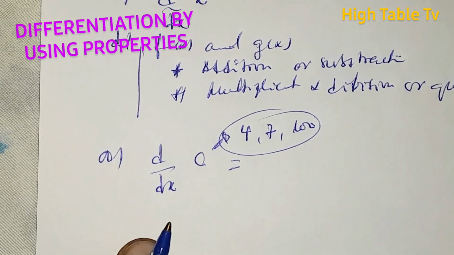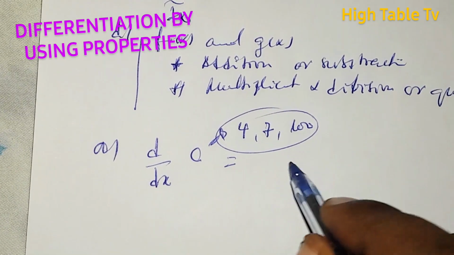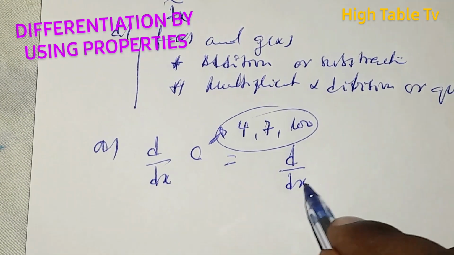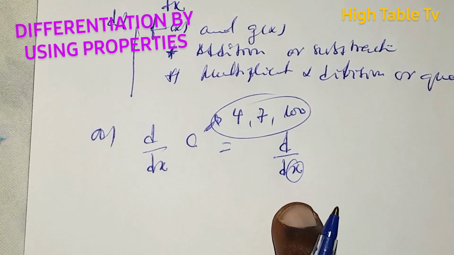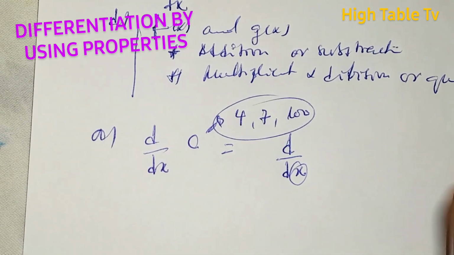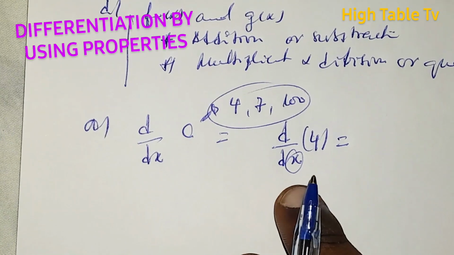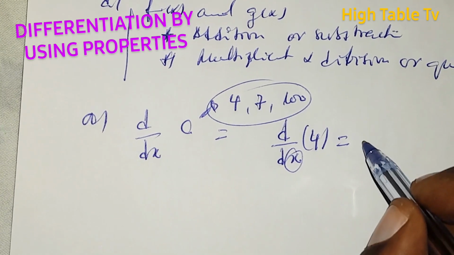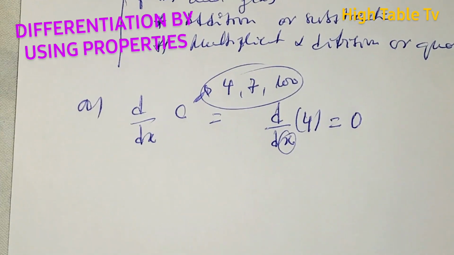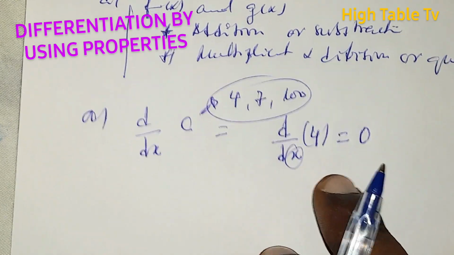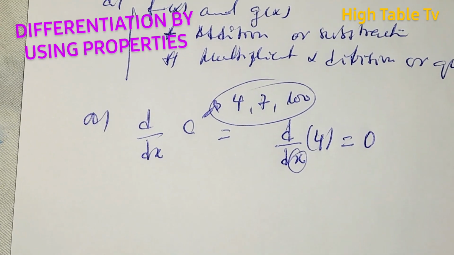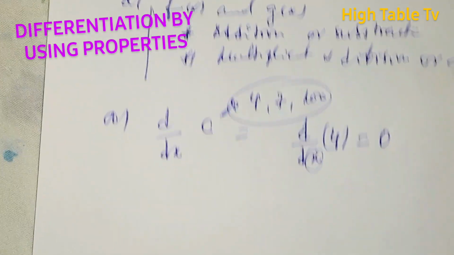In order to make the derivative of this constant, where x is not involved as a variable, the answer will be equal to 0 directly. So this is the first property: if we make the derivative of a given constant, the answer will be equal to 0.